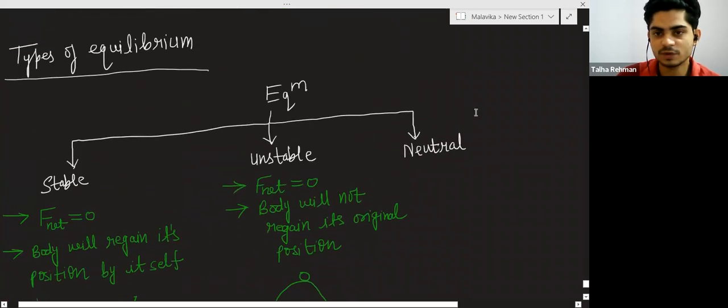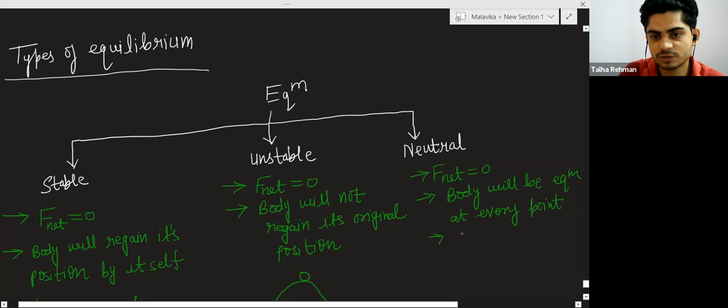There is another case, neutral equilibrium. Here also the net force is zero, and the body will be in equilibrium at every point. And here the potential energy is constant.